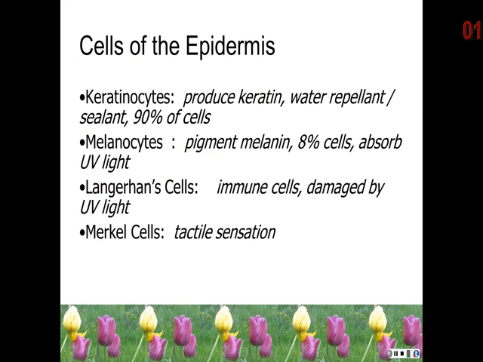When we expose the skin to UV light, it triggers the production of melanin in order to try to protect itself. The Langerhans cells are immune cells in the skin. These are damaged by UV light, so excess UV exposure will decrease the amount of immune protection that the skin has. The Merkel cells are also found in the epidermis, and these are used for tactile or touch sensation.